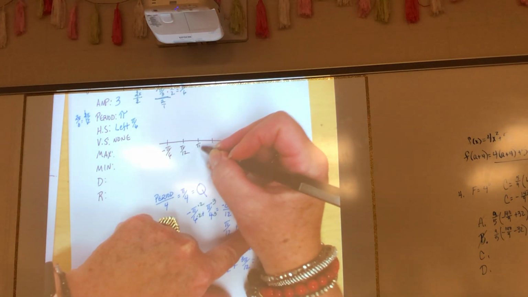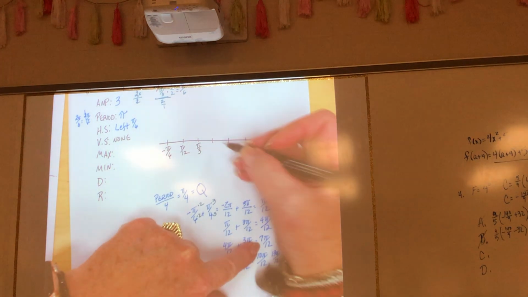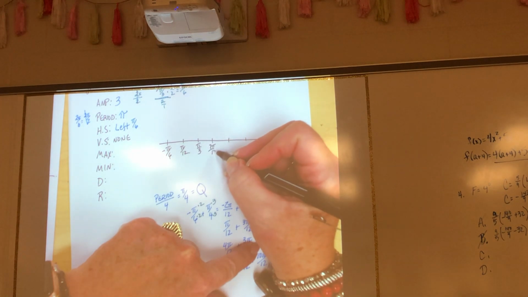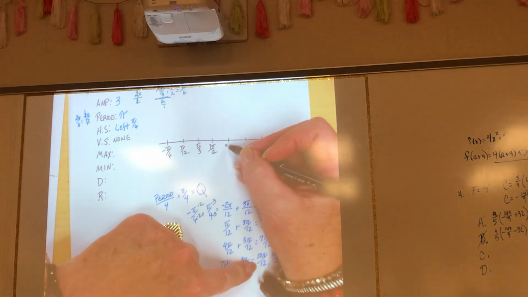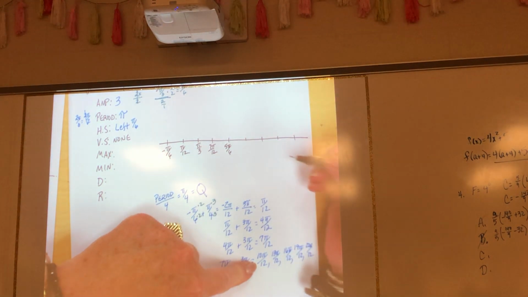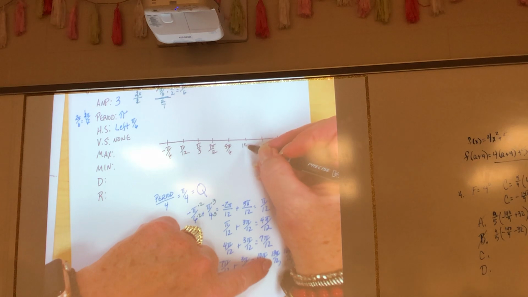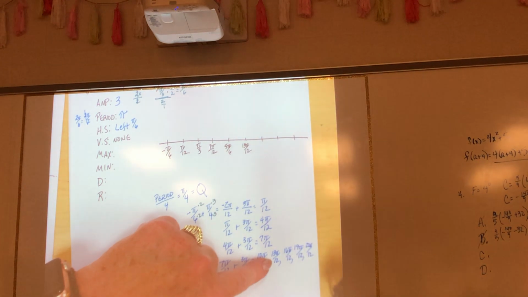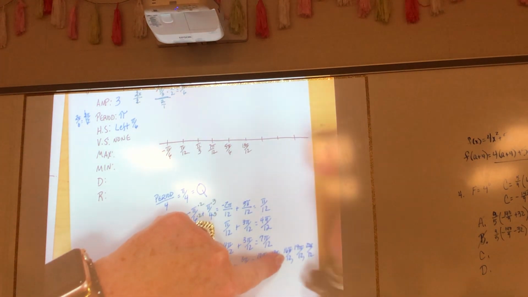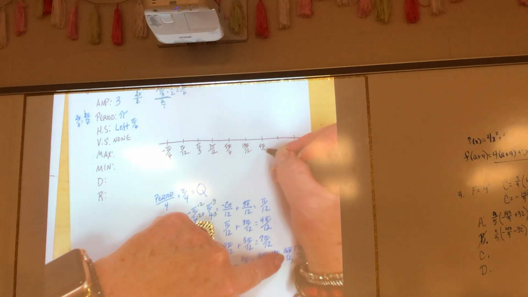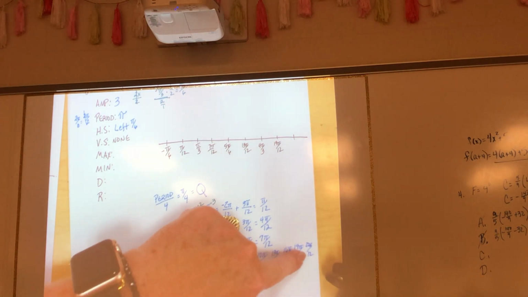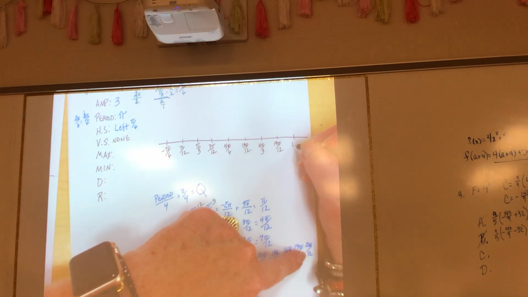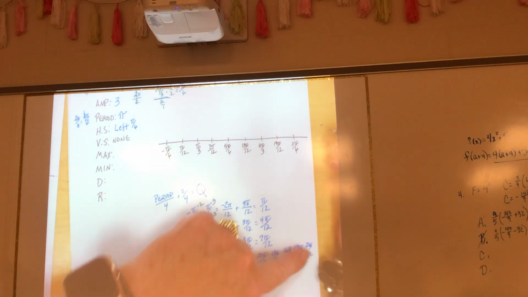Pi over 3. 7 pi over 12 doesn't reduce. 10 pi over 12 becomes 5 pi over 6. 13 over 12 doesn't reduce. 16 pi over 12 reduces by 4s, so what's that, 4 pi over 3? 19 pi over 12 doesn't reduce. 22 over 12 reduces by 2s, so that's 11 pi over 6.